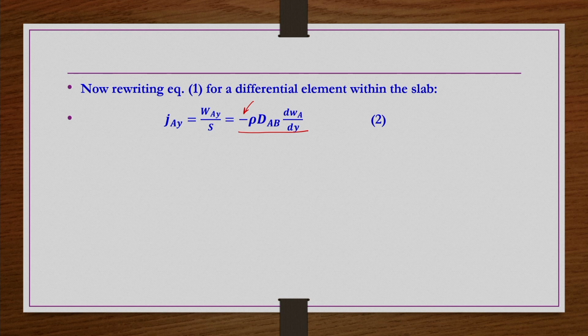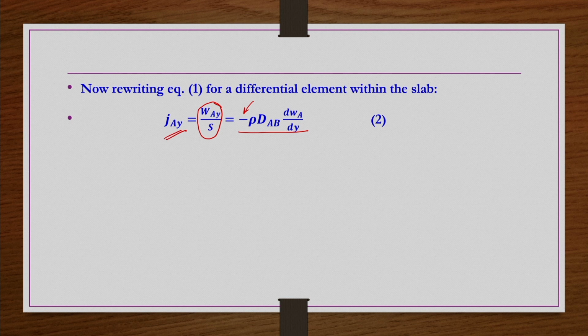That is the reason for the negative concentration gradient, so we have to have a minus here. Whatever WAy divided by the area S through which diffusion is taking place is nothing but the mass flux that we have already seen. This mass flux we can indicate by small j A y.